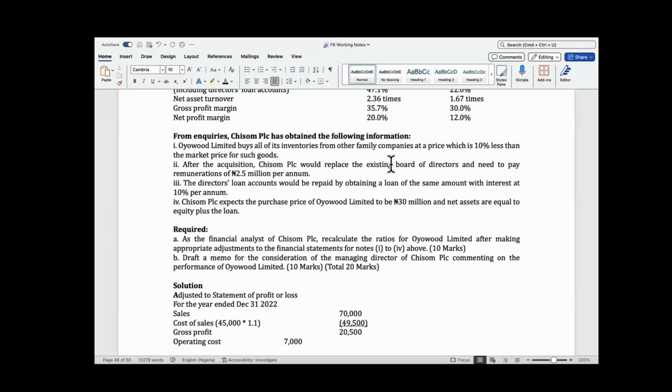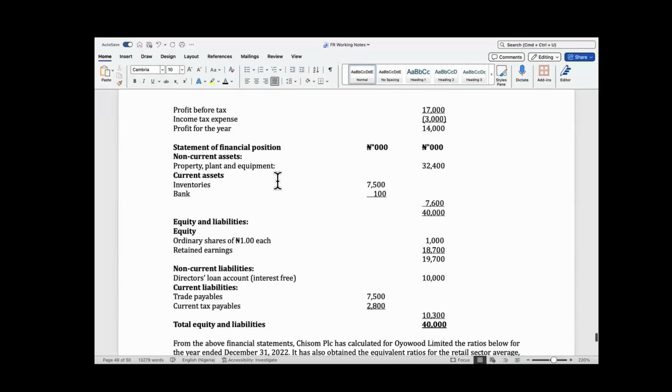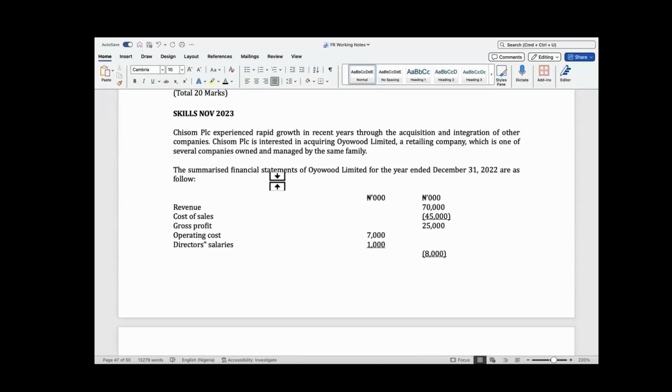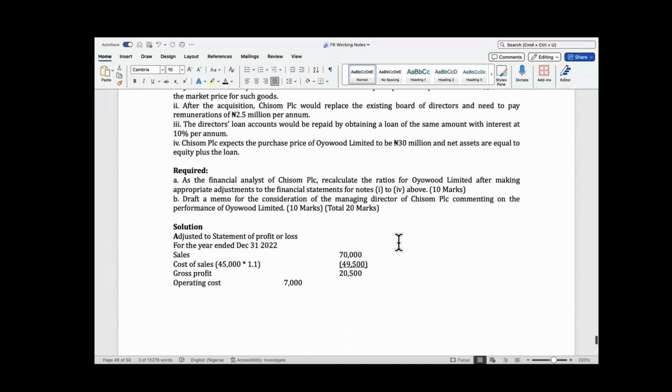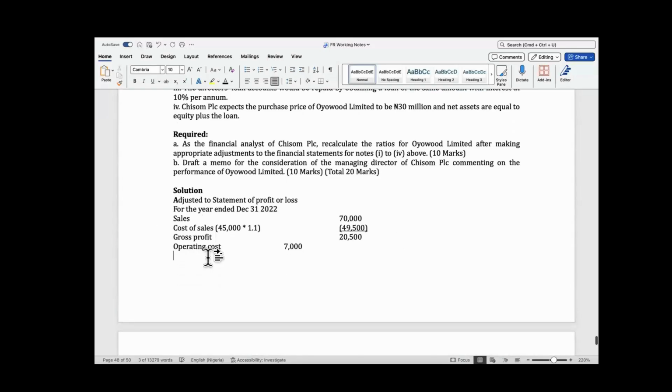They would replace existing directors and need to pay remuneration of 2.5 million per annum. So there is director salary before of 1 million, and in addition to this, they want to replace them, and they will pay them.